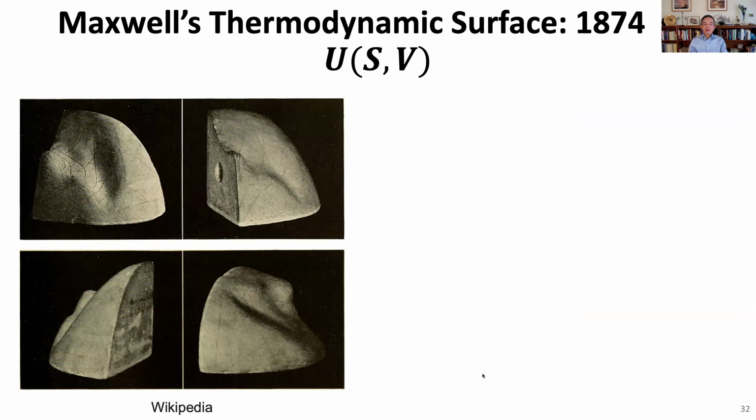When Gibbs derived this combined law, he was talking about a closed system, so the mass was not changing. He derived that internal energy is a function of entropy and volume. Maxwell in the UK got very excited, and he made a model by hand, actually just a couple of years before he passed away.